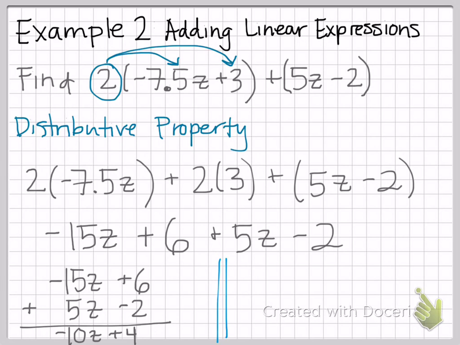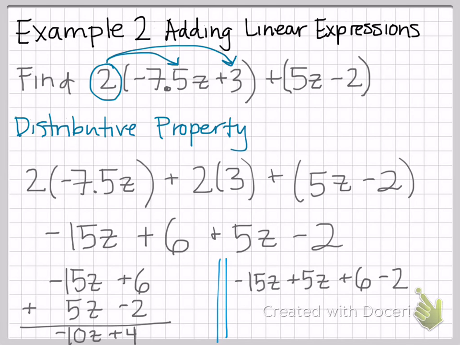So with the horizontal method, I'm just going to use the commutative property of addition, and I get to move things around. So obviously I'm going to move the z's next to each other, and then I'm going to move the numbers next to each other. So I have a negative 15z plus 5z. Okay, then I'm going to have my 6 minus 2.